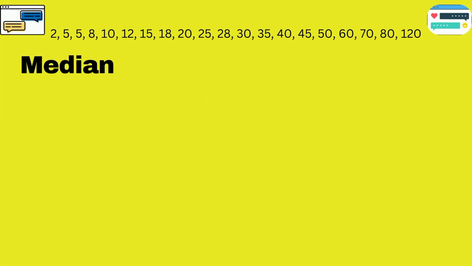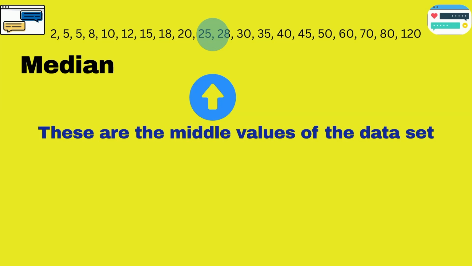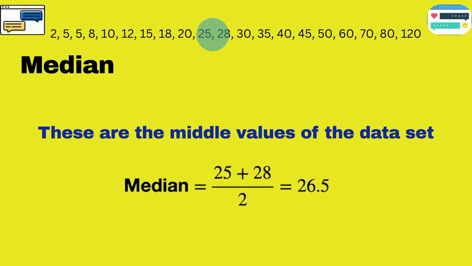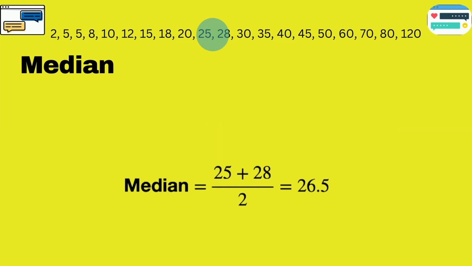Next, we'll find the median. Since we have an even number of observations, 20, the median will be the average of the 10th and 11th values. Those are 25 and 28. So we add them together and we divide by 2.